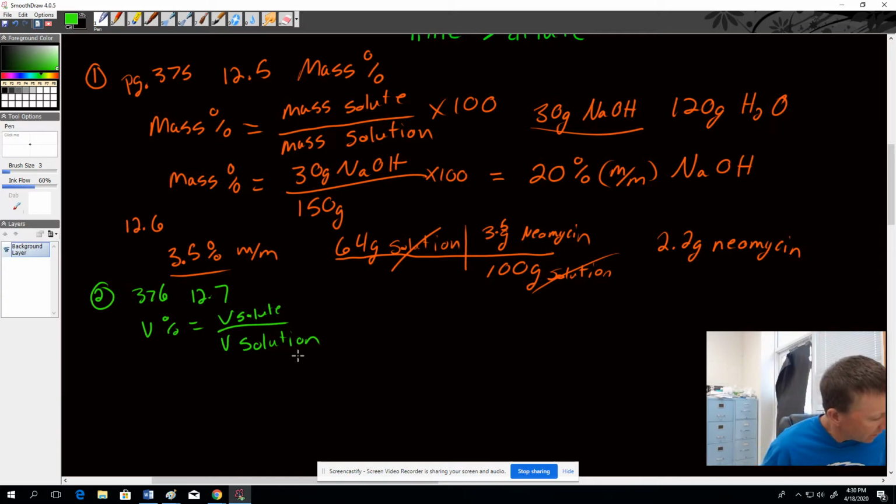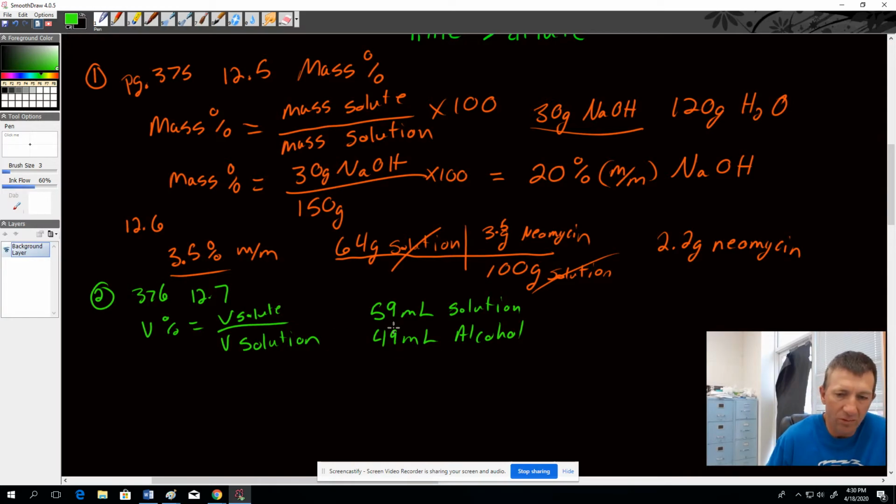The problem says a bottle containing 59 milliliters of lemon extract solution, so that's the whole solution. If the extract contains 49 milliliters of alcohol, what is the volume percent of the alcohol in the solution?